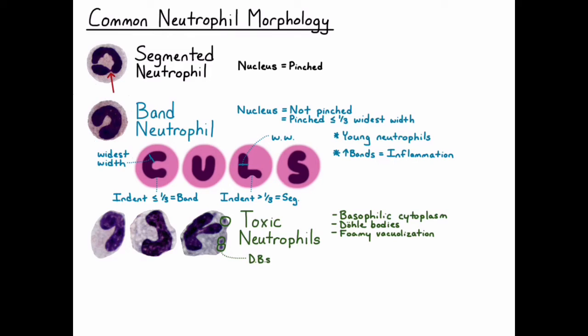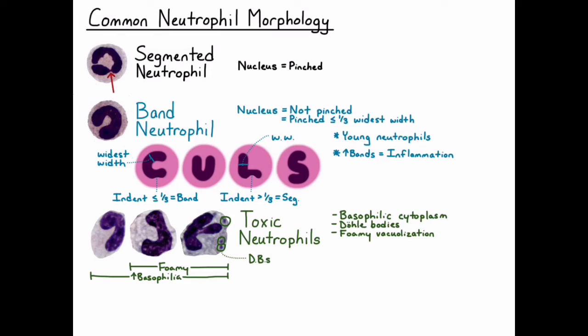You don't have to know that, but you should be able to identify a Dohle body and know that it is a sign of toxic change. 2 of these neutrophils have foamy cytoplasm, so foamy vacuolization to the cytoplasm, and this represents the granules being dissolved, so granule dissolution.